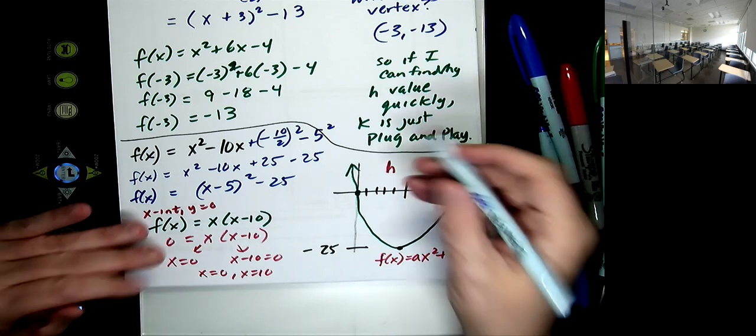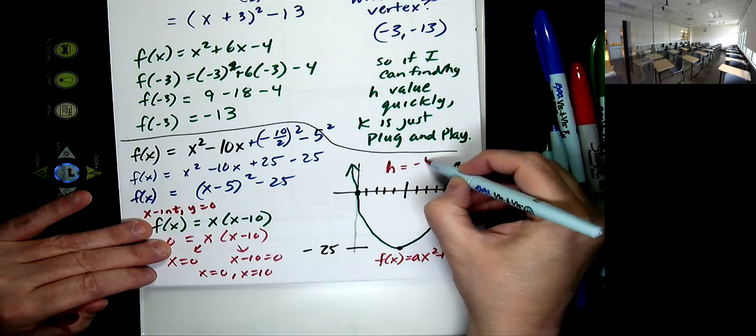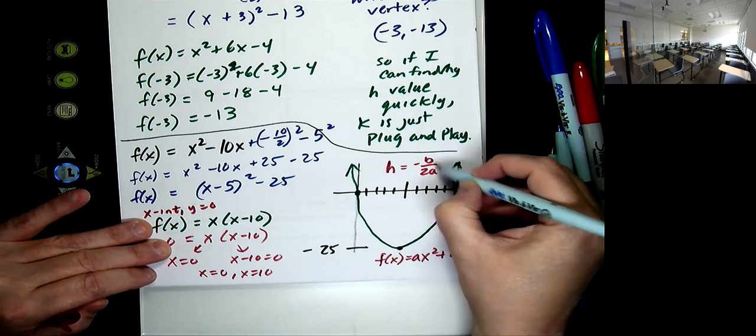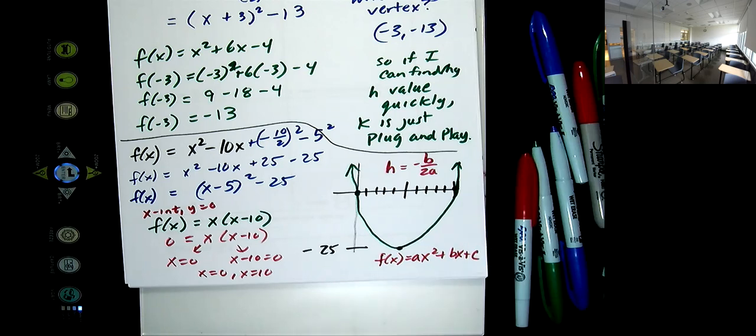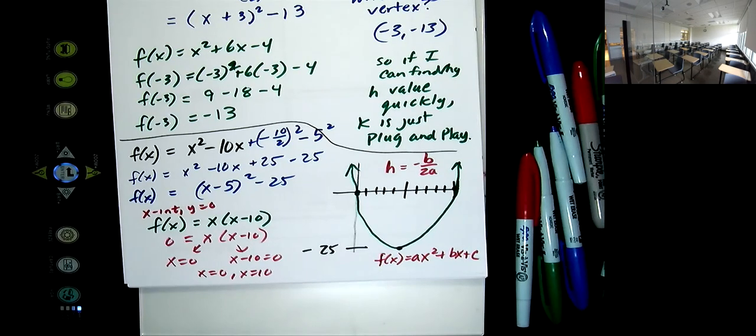It ends up being h equals -b over 2a. I don't want to use that yet, though. I want to show you how to complete the square when a is not 1. Give you guys some more practice with it. We're going to do it in the main class as well. But the more practice you have with it, the better.